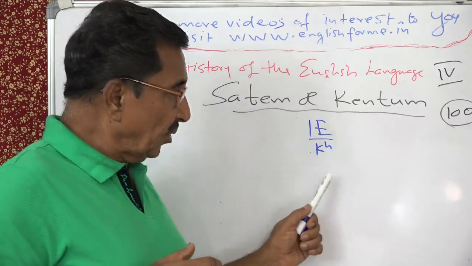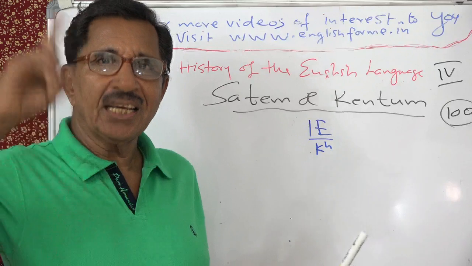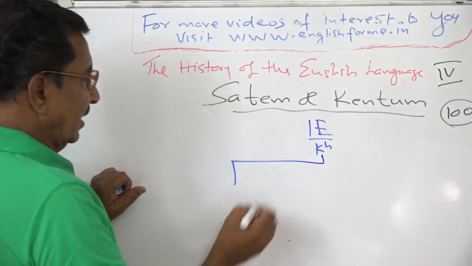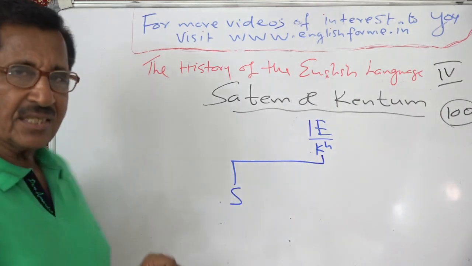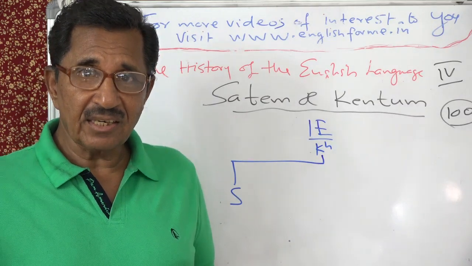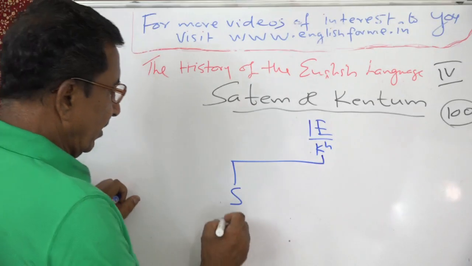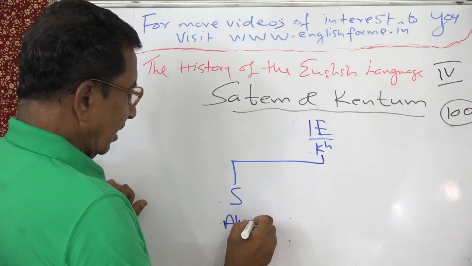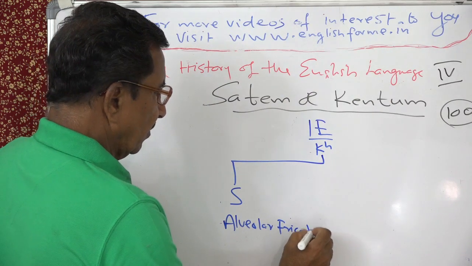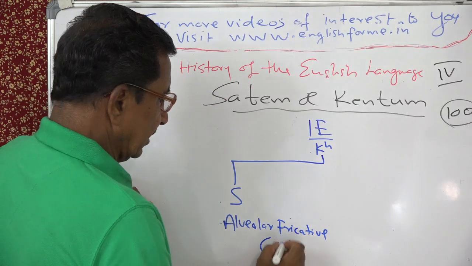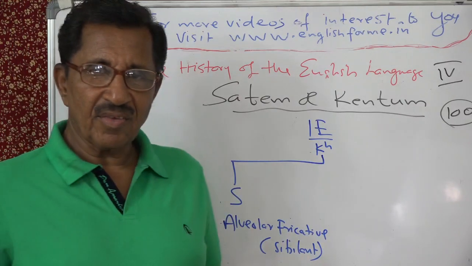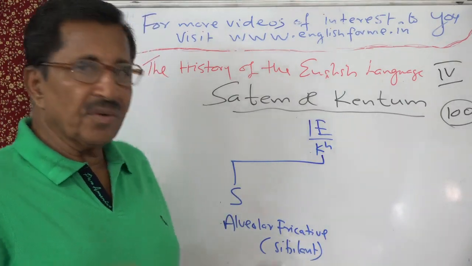When this sound was taken and used by the Eastern branch, it became S. What is S? An alveolar fricative, or some people say sibilant, because it has that sound.